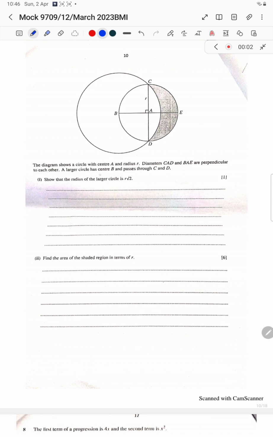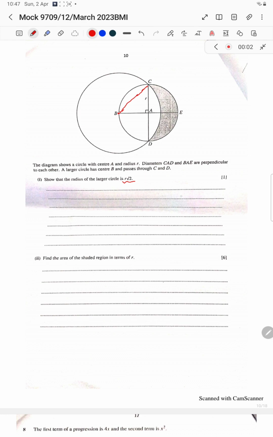A large circle has center B and passes through C and D. Show that the radius of the large circle is r square root 2. So the center of the large circle is here, and we need to prove that it should be r square root 2.